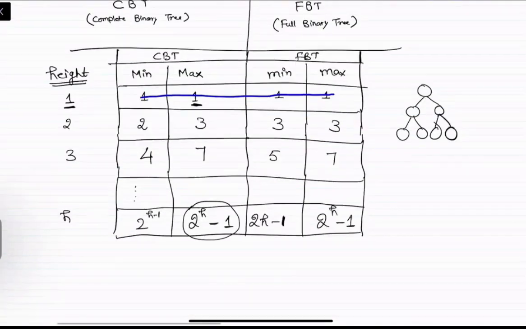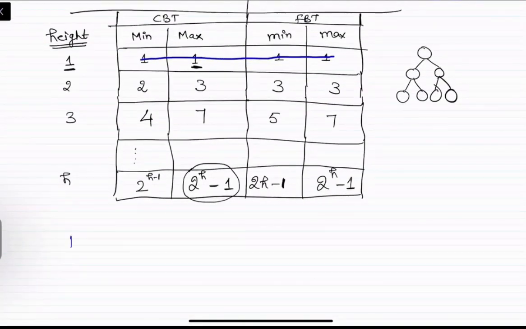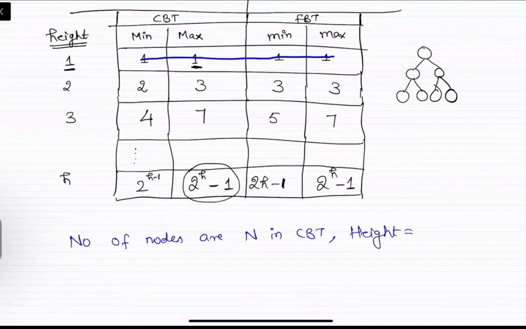Yeah, so if it is reverse, if number of nodes are n in CBT, then can I say height of CBT is going to be log n base 2? Will that be fair? Because this is the maximum number of nodes in a CBT. Maximum number of nodes can be 2 power h.